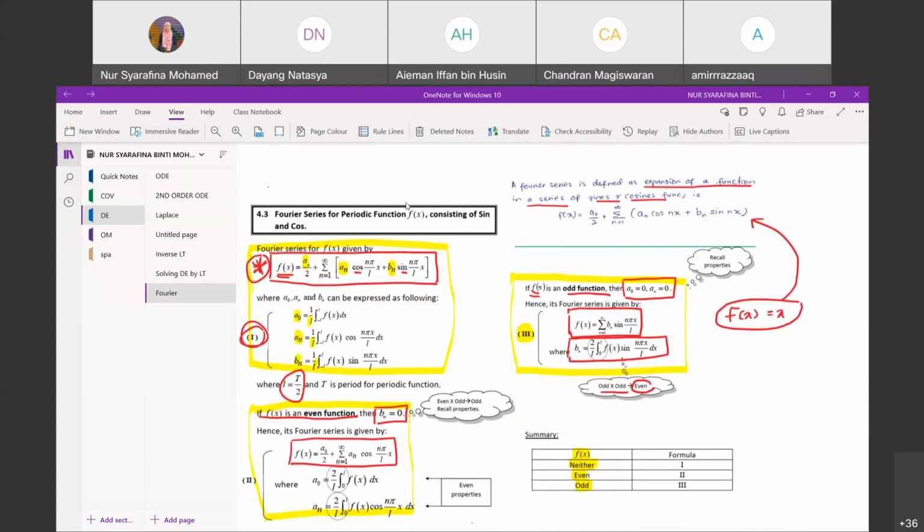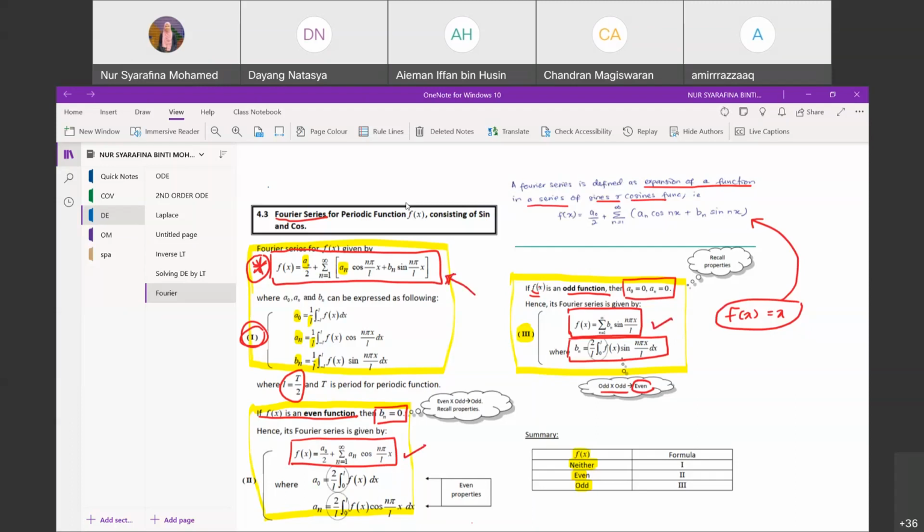All right, so actually, this Fourier series is given by this. This is the full version of the Fourier series. If it is even, then bn is 0, that's why we have this here. If f(x) is odd, then an is 0, that's why we have this here. So initially it comes from this.